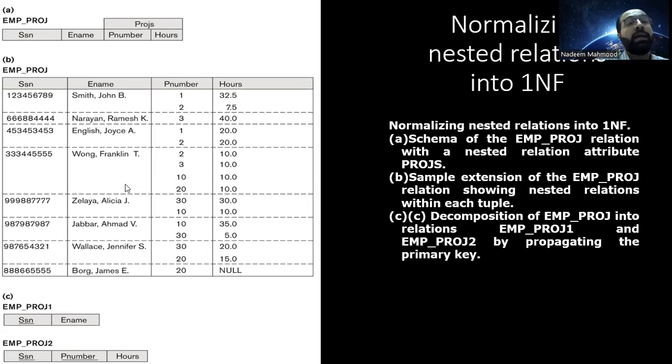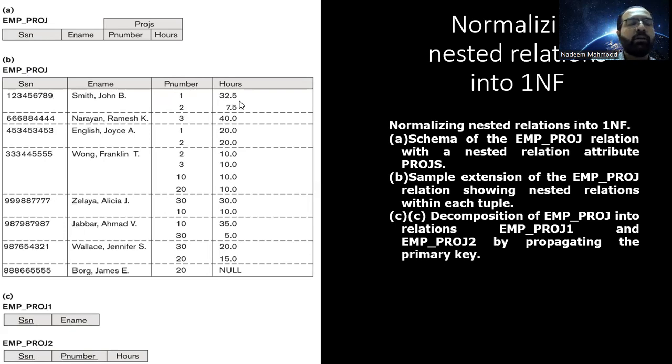So this is unnormalized, as we have discussed in the case of first normal form. What we can do, we have one dependency here: from SSN, we can determine ename. So SSN and ename can be separated. And the other thing is that we have the P number. If we combine that P number with SSN as a primary key, here you can see SSN and P number, because hours is dependent on both, not one of them.